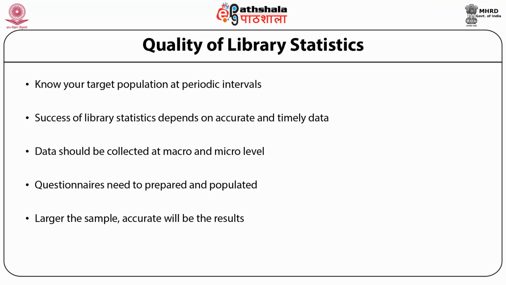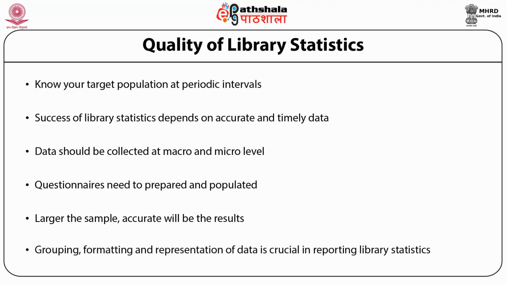Out of these 30 faculty members you have studied 10, and those 10 could be from different streams. Of the 500 students, you have studied only 50, also from different streams. That is the type of sample I am talking about. Normally in statistical terms, 10 to 12% sampling is important to get any quality result.